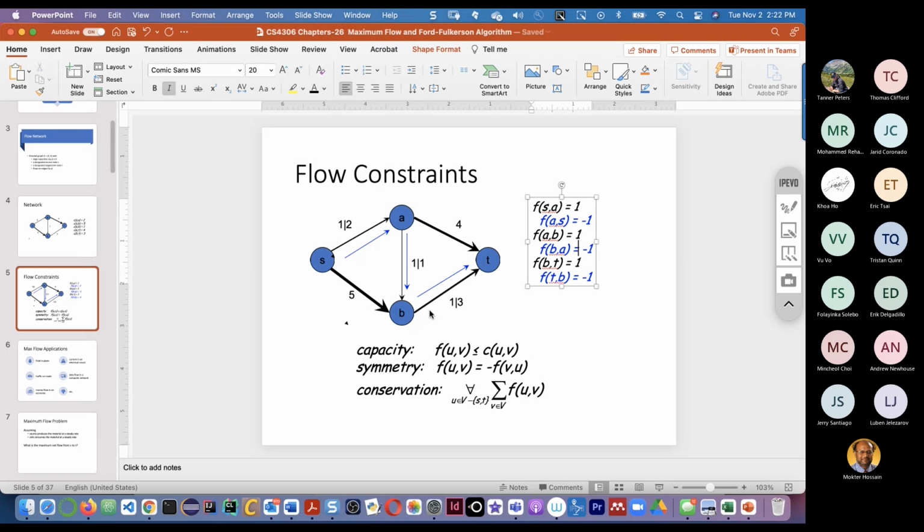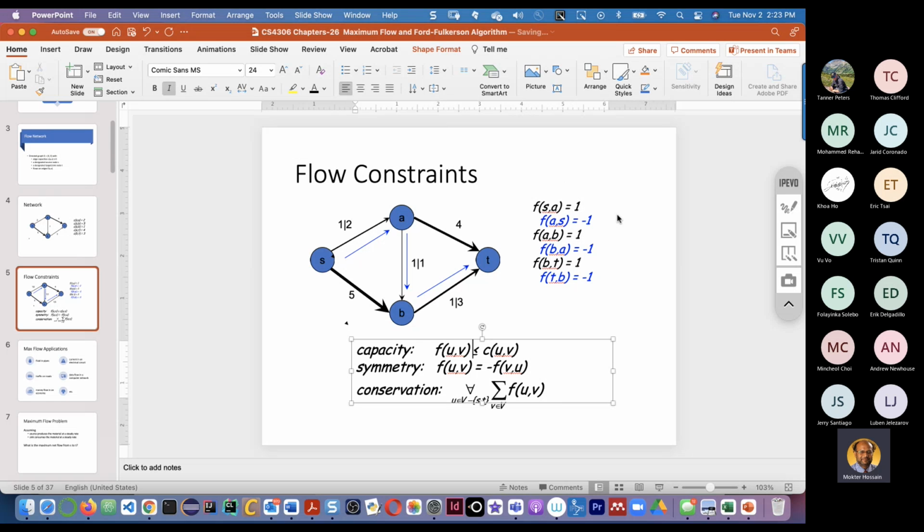The capacity constraint: for any two nodes U and V, the flow of U to V is less than or equal to the capacity of U to V. That means the flow cannot exceed its capacity. It may be less, or at maximum equal.